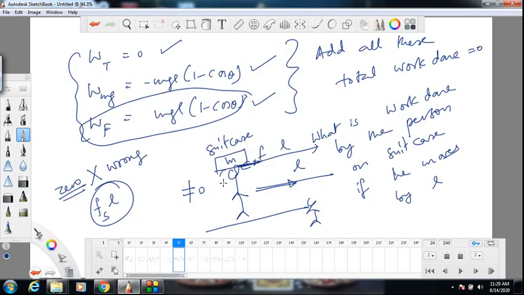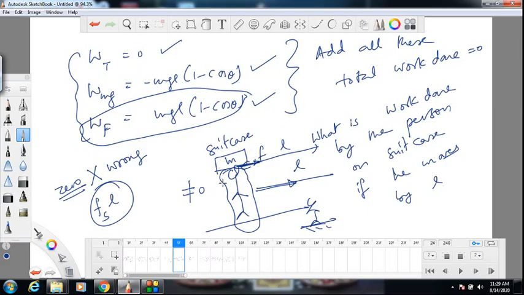But for this fellow, what is the displacement of the suitcase in his frame? 0. So there is no work done by friction for him. But for a ground observer, there is work done by friction. So you see, it depends on the frame of reference.